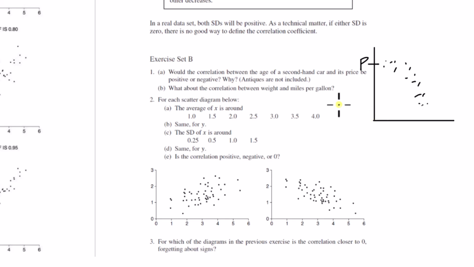The only way you can have a zero linear correlation coefficient is if there is no pattern at all. If you get a linear correlation coefficient of zero, then there's no function that you could possibly come up with that's going to correlate with that data.